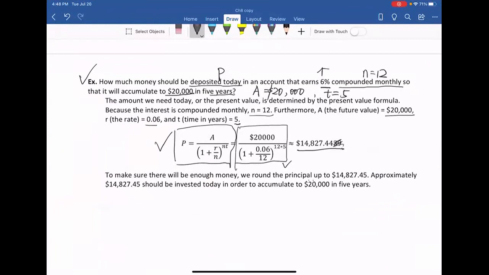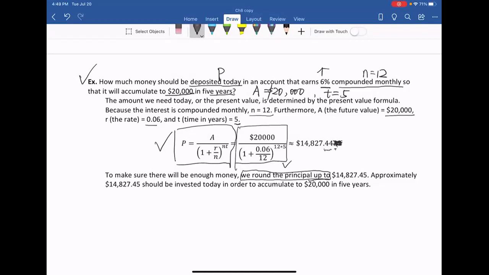Oh, read the question: round up to. So what's the meaning of round the principal up to? Even if you have 3 here, because if I want to keep 2 decimals, I just erase the rest of them, because 3 is less than 5.